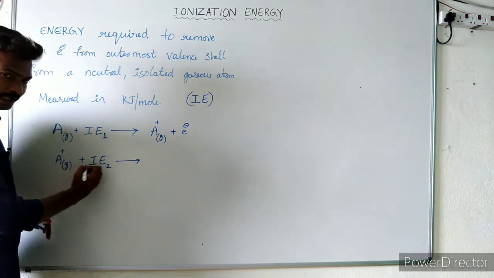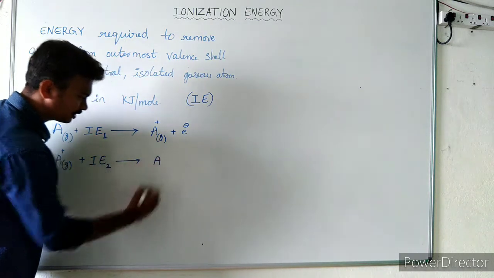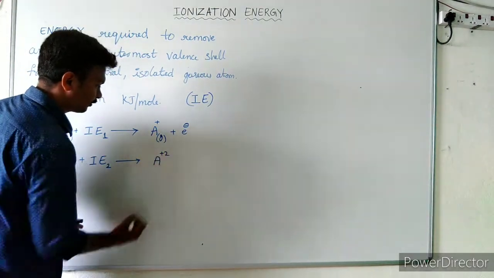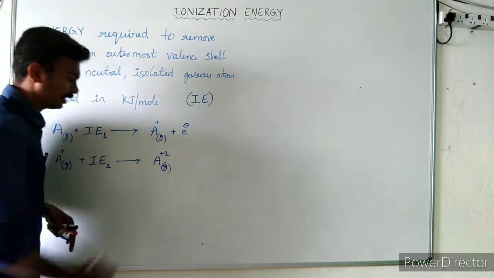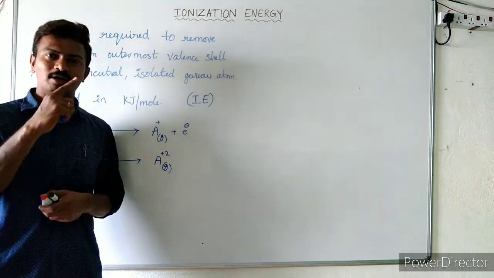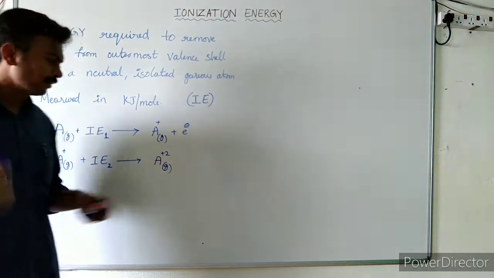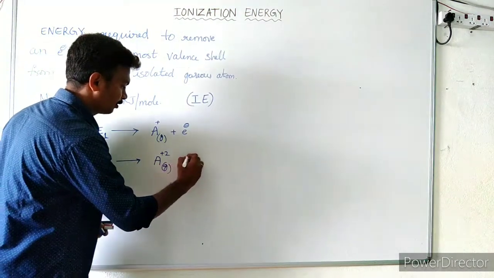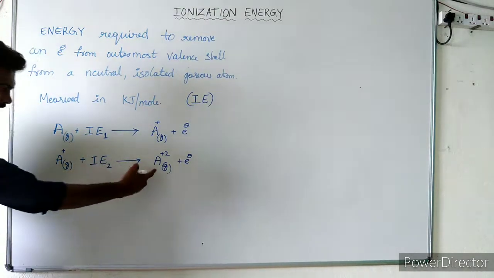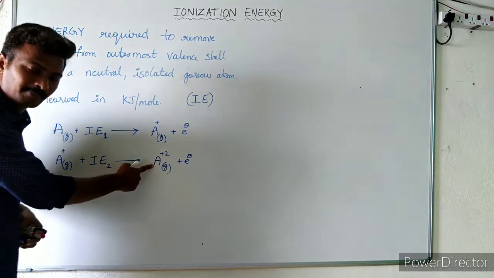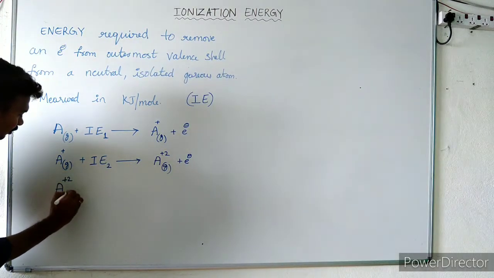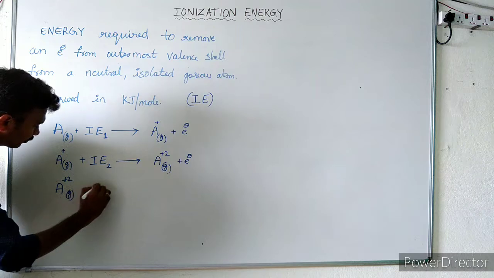By removing one more electron, what happens? This cationic species converts into a dicationic species, a cation with a +2 charge, because we have removed 2 electrons: by removing one electron +1, by removing the second electron +2. If we remove one more electron from this dipositive cationic species, A plus 2, what will we call this energy?